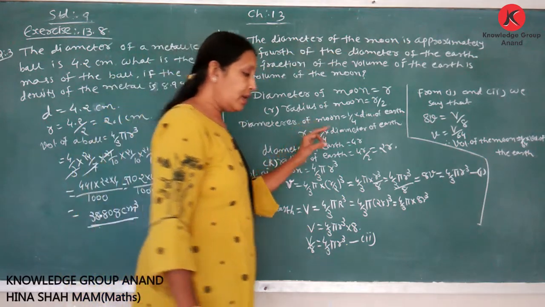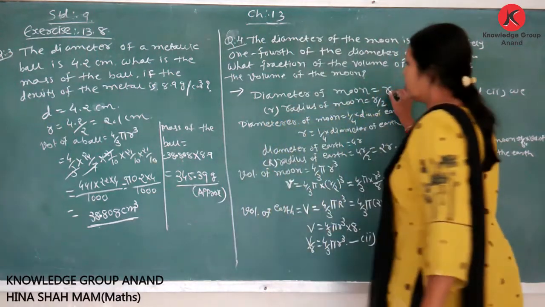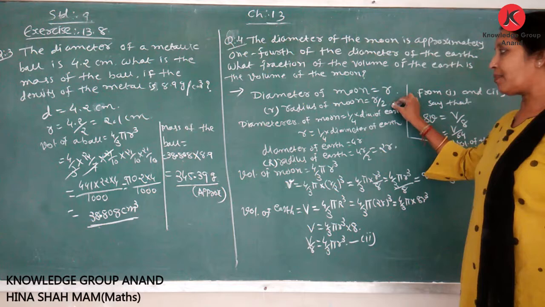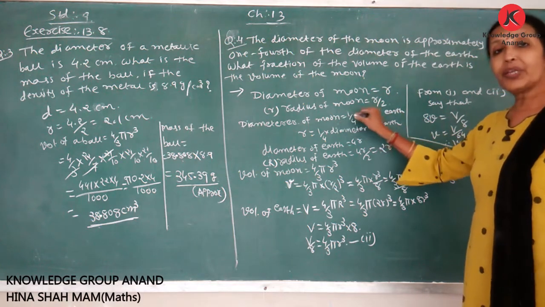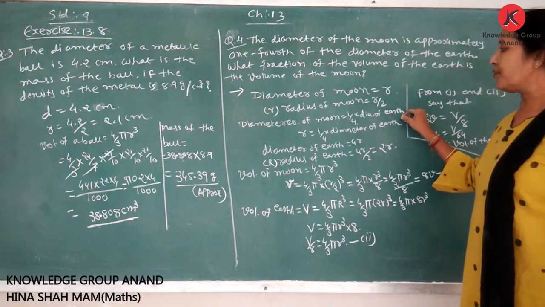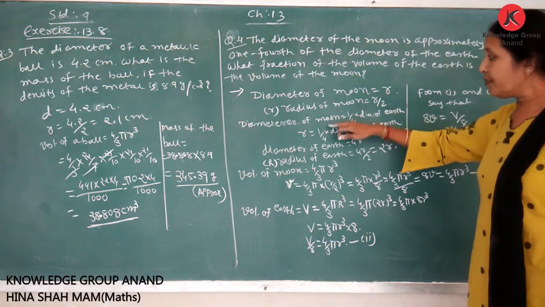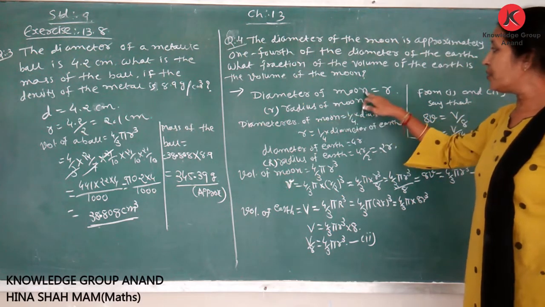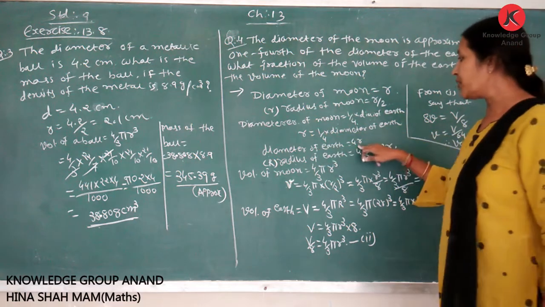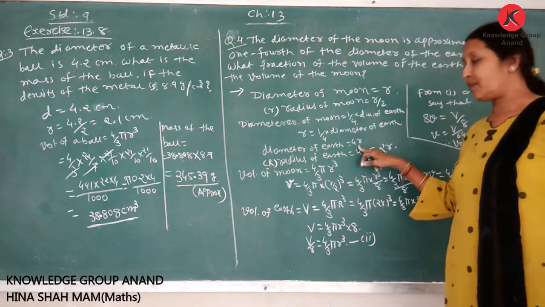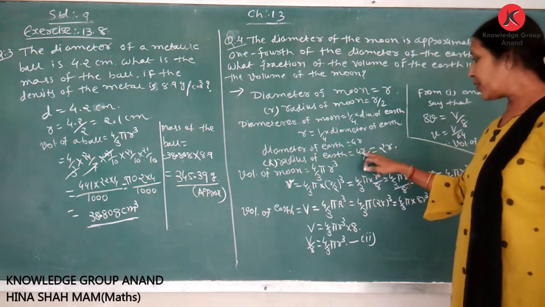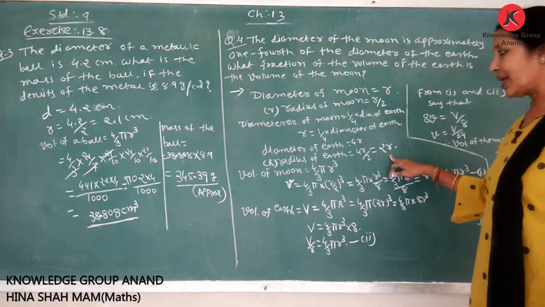First, for easy calculation, I take diameter of moon equal to r, therefore its radius is r by 2. And diameter of moon is 1/4 of diameter of earth, therefore diameter of earth is equal to 4r. Radius of earth is denoted capital R, 4r by 2 is equal to 2r.